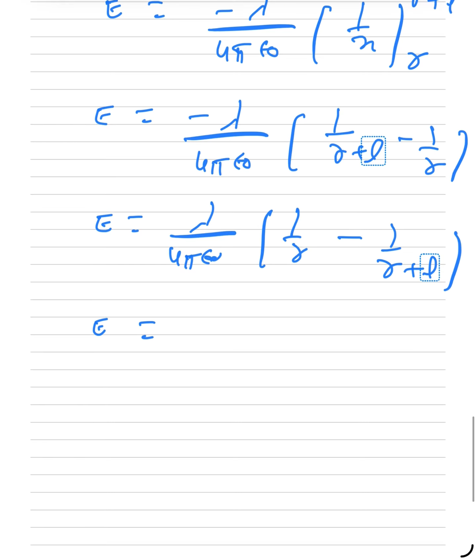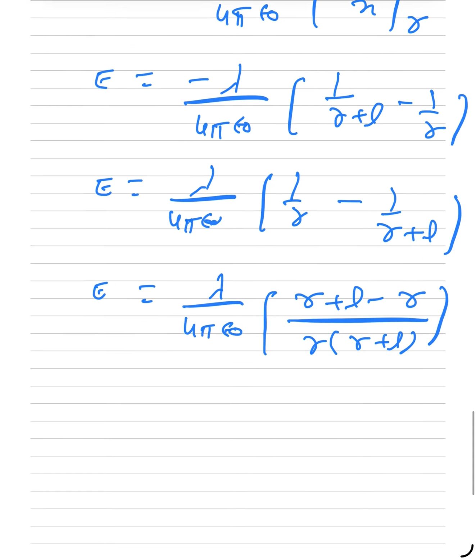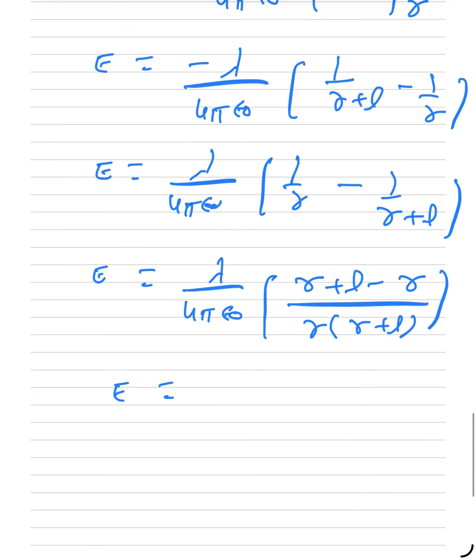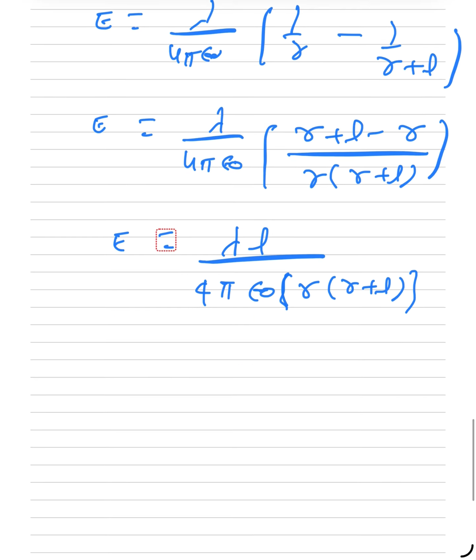Now solving further, lambda divided by 4 pi epsilon naught r times r plus l, and r plus l minus r, the r terms with plus and minus cancel out, and E equals lambda l divided by 4 pi epsilon naught r times r plus l.